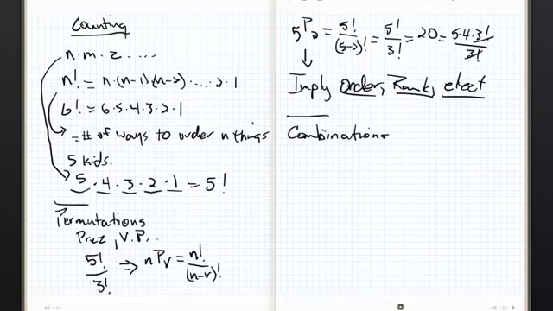However, over here, when we have permutations, if Billy is the president and Tommy is the vice president, that's different than if Tommy is the president and Billy is the vice president.